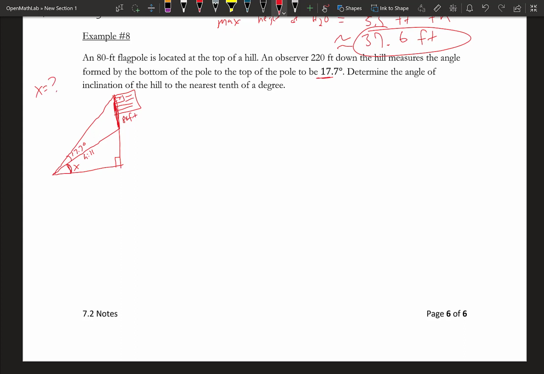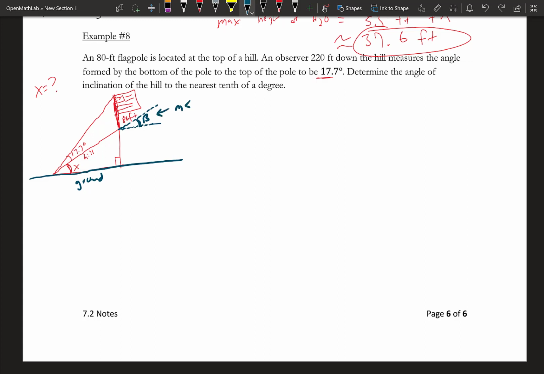The way to think about this problem is to extend this line out and then draw in a line that's parallel with the ground. So this is the ground level, if you will. Then this angle here, maybe we'll call beta, is equal to x.